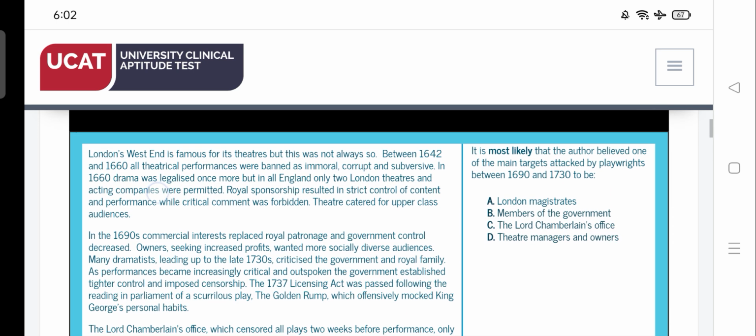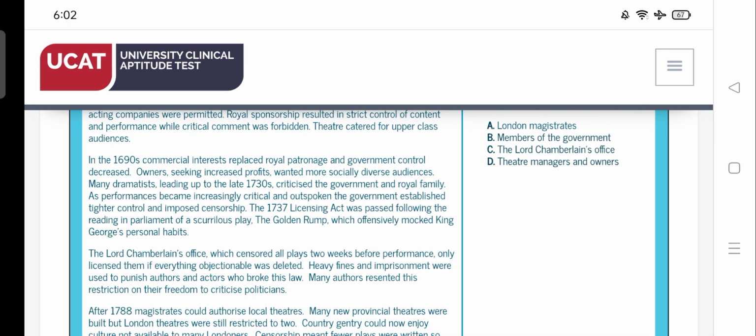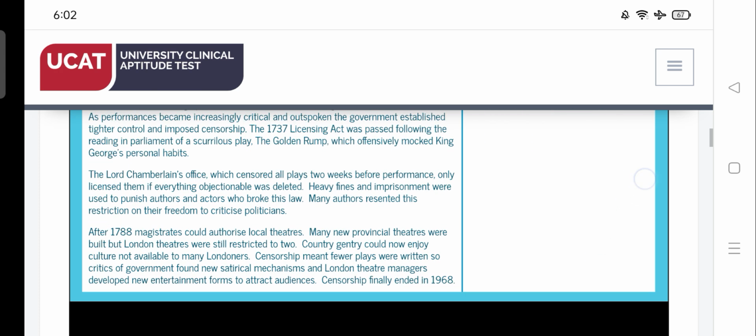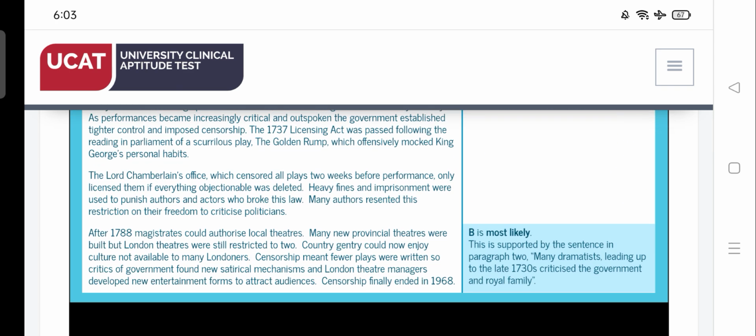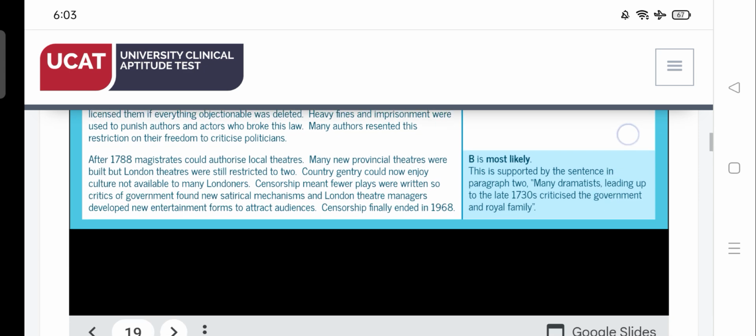It is most likely that the author believed one of the main targets attacked by playwrights between 1690 and 1730 to be: option A, London magistrates; option B, members of the government; option C, the Lord Chamberlain's office; option D, theatre managers and owners. So here option B is the correct option.